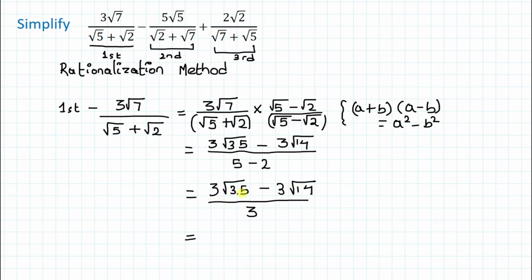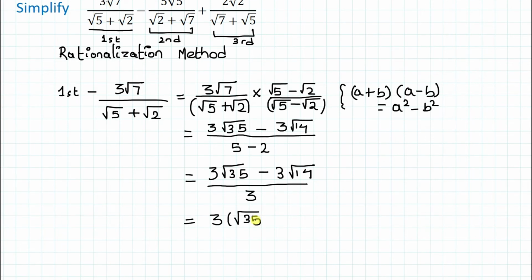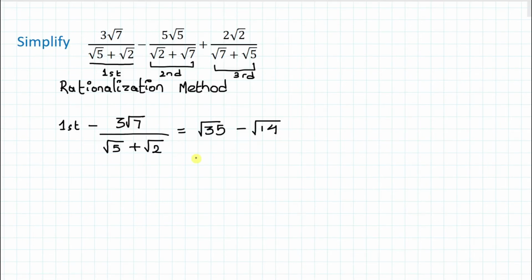If I take 3 common from the numerator, root 35 minus root 14 divided by 3. These 3 will get cancelled out, and after rationalization, I'll get root 35 minus root 14.